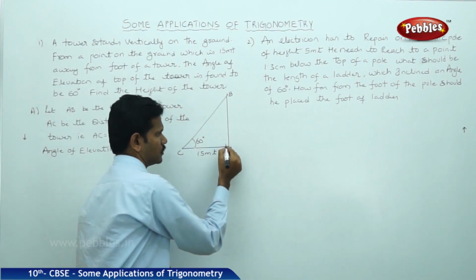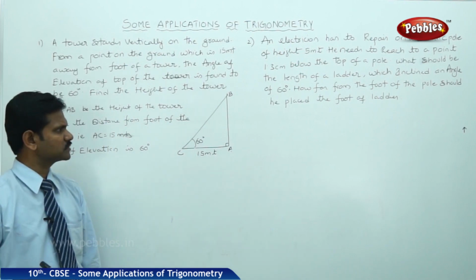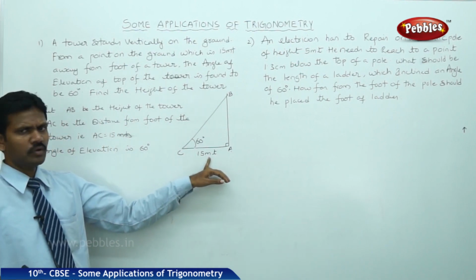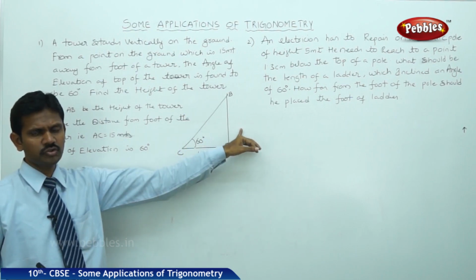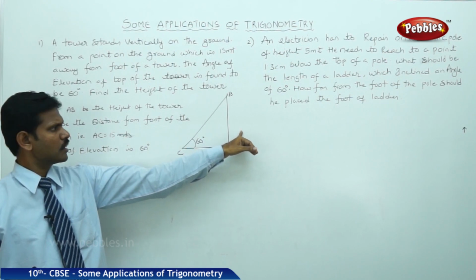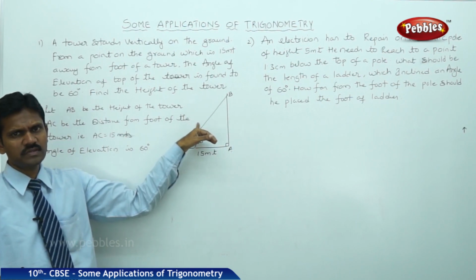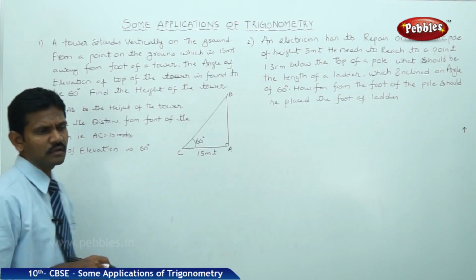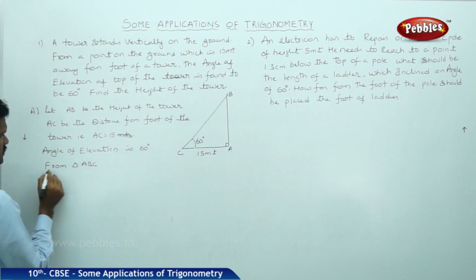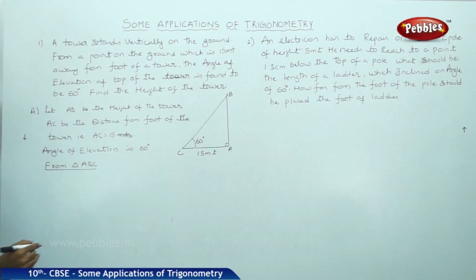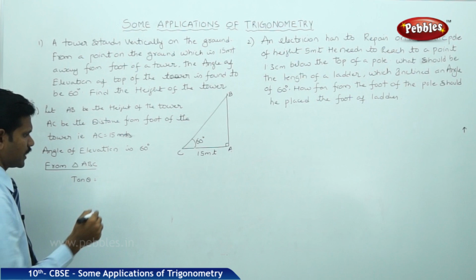Here in this condition we have to learn two things. If you know any two sides, that is either the base or the altitude, use the tan or the cot function, or if you know the hypotenuse, use sine or cos function according to the situation. From triangle ABC, tan theta is equal to opposite side by adjacent side.